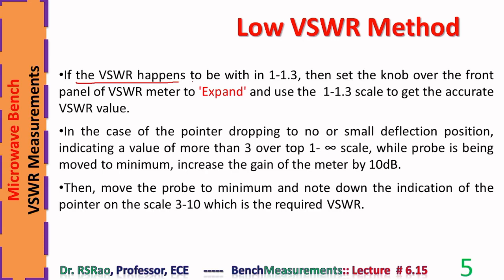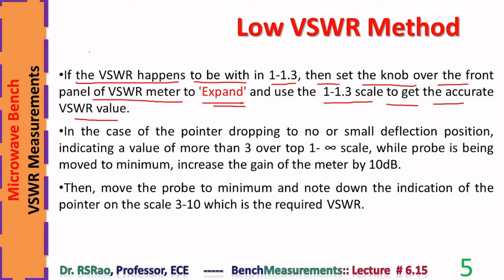If the VSWR happens to be within 1 and 1.3, then set the knob over the front panel of the VSWR meter to expand position and use the 1 to 1.3 scale to get the accurate VSWR value. Notice for the topmost scale, the 1 to infinity scale, the scale is heavily congested.